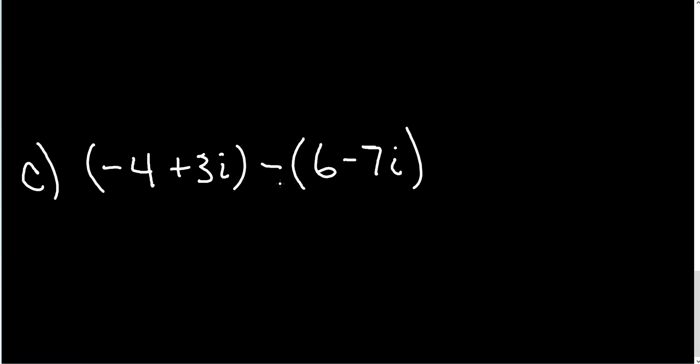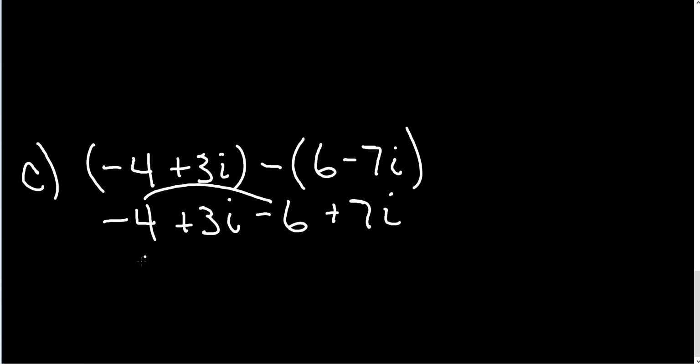Now this is a subtraction one, right? So when I subtract this binomial, I have to distribute the negative 1 across it. Okay, so I'll rewrite it: negative 4 plus 3i minus 6 minus 7i. And now I'll combine my like terms.